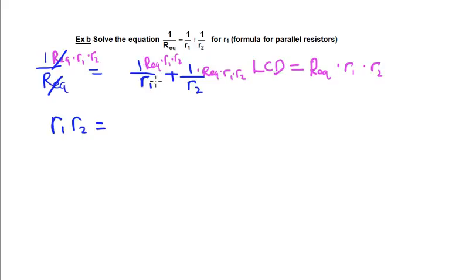From the second term, R1 is what's going to cancel out, no more denominator, so I've got 1 times R equivalent times R2. And from the third term, R2 will cancel out, and then I'm left with R equivalent times R1.